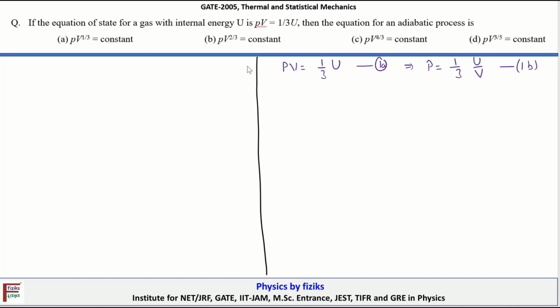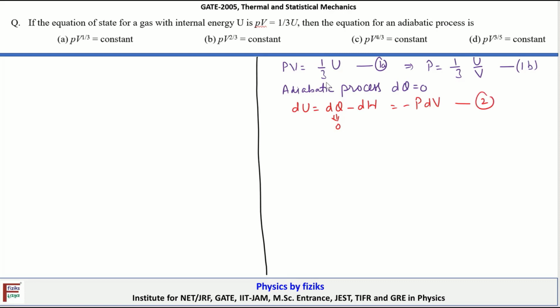Because we are going to look for the equation for the adiabatic process, for an adiabatic process dq is equal to 0. So from the first law, dU is equal to dq minus dw. So dq is 0, so that is equal to minus p dV. Let me call this equation 2.